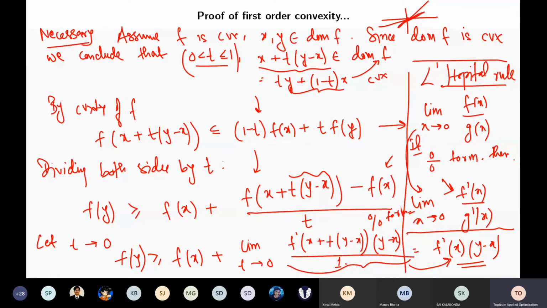And the other way proof is, if it satisfies the first order criteria, then we have to prove that it's convex. Okay, so let us try to prove the sufficiency criteria.